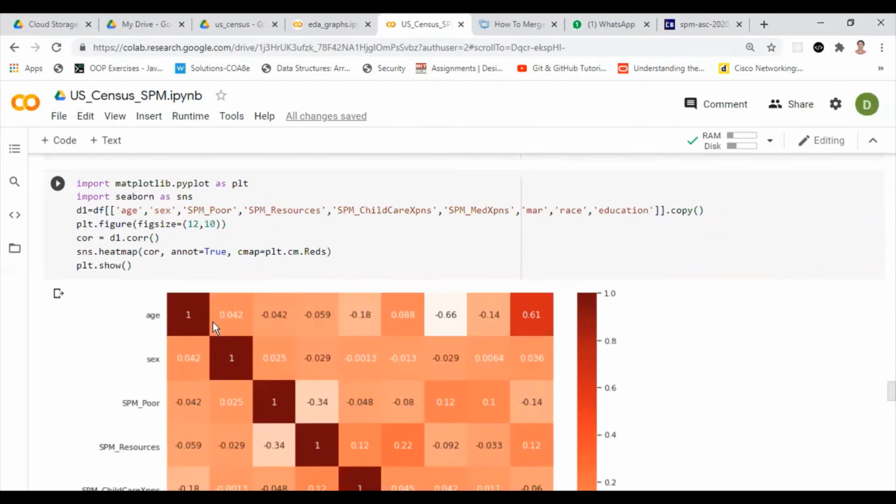And it can also be seen that there is a small positive correlation between age and poverty level, which means that as age increases, the poverty levels start to go down.